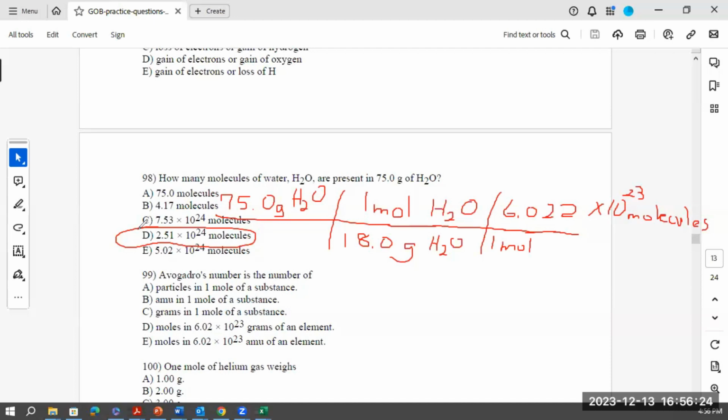Okay. Avogadro's number is the number of: A, particles in 1 mole of substance; B, AMU in 1 mole of substance; C, grams in 1 mole of substance; D, moles in 6.02 times 10 to the 23rd grams of element; E, moles in 6.02 times 10 to the 23rd of an element.